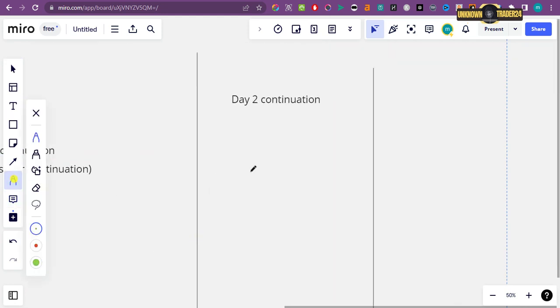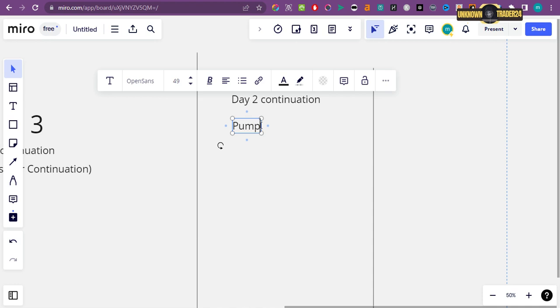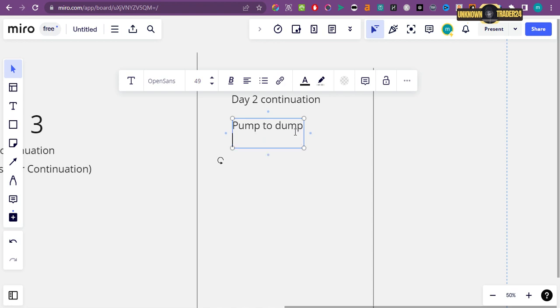So on a day 2, here is something we are actually looking for: a pump. Let me show you. We are looking for two things: dump to pump, or pump to dump.